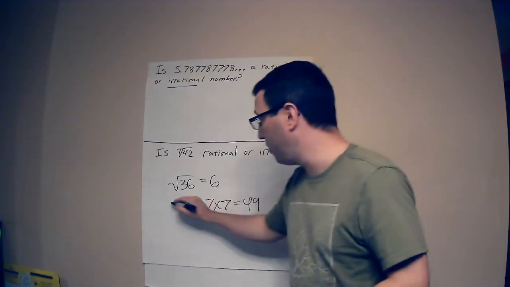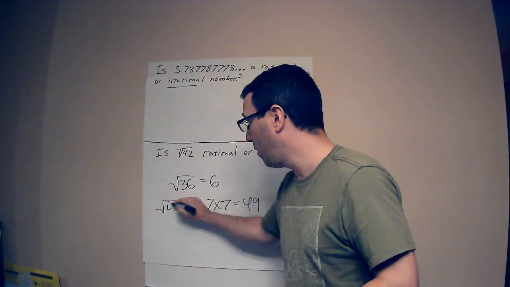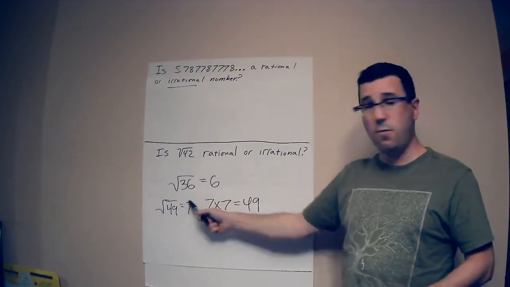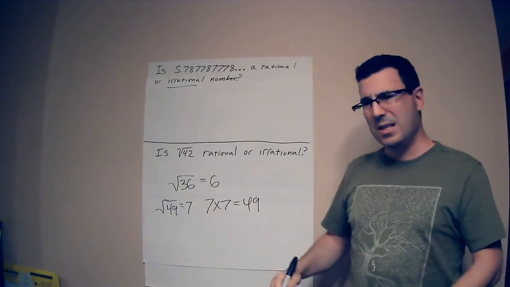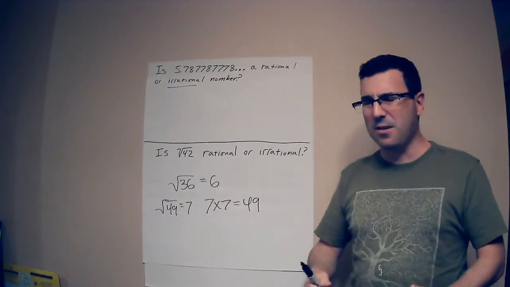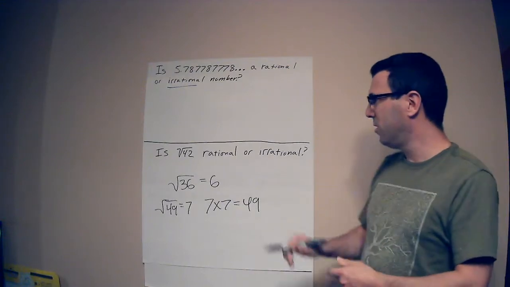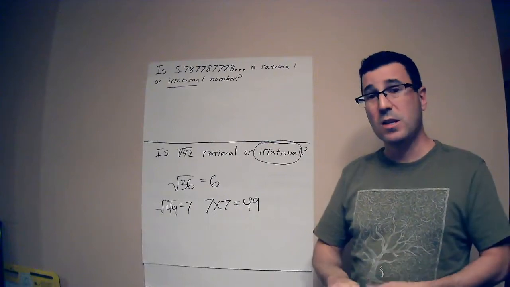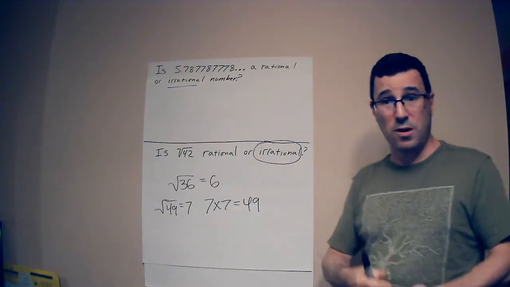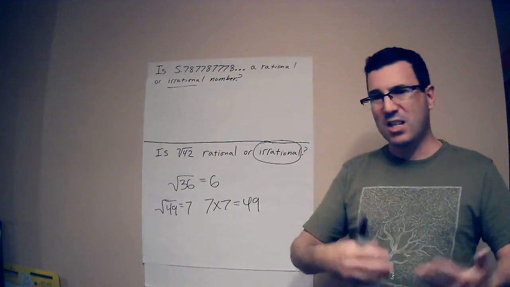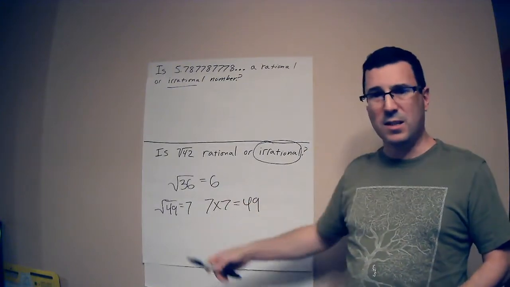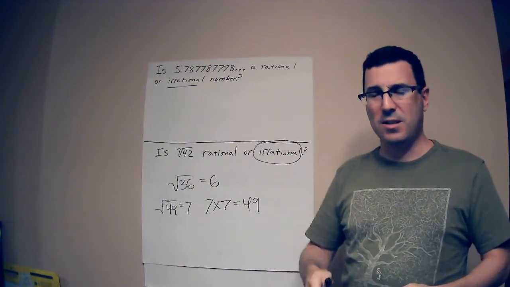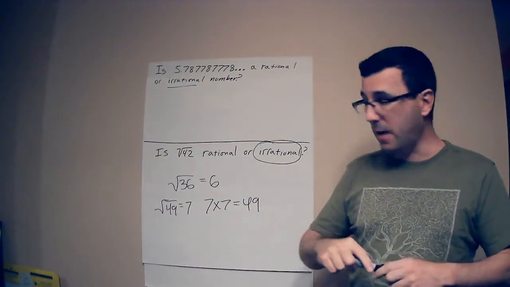Okay, so the square root of 49 is 7. Well, 42 falls in between those two. There's nothing nice that we multiply together to get 42. So square root of 42 is irrational. If I tried to put it in my calculator, the decimal would be somewhere between 6 and 7, and there wouldn't be any true pattern that I could say, oh, that's a repeating pattern. Okay?